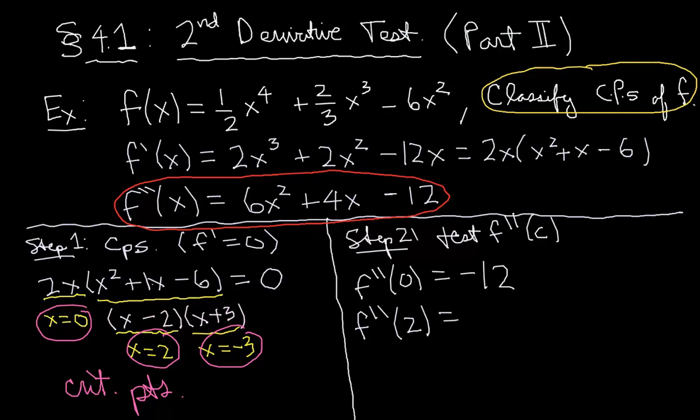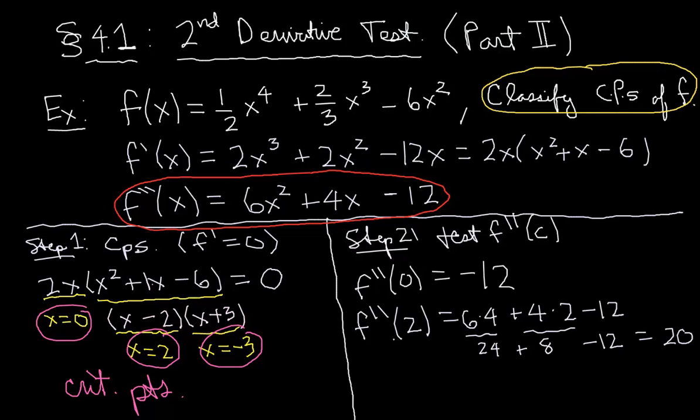Well, let's see, what is that going to be? 6 times 4, that's 24. We're going to get 4 times 2, that's 8. And then we're going to subtract 12. And so 24 plus 8 is going to give us 32. And then when we subtract 12, we're going to get 20.